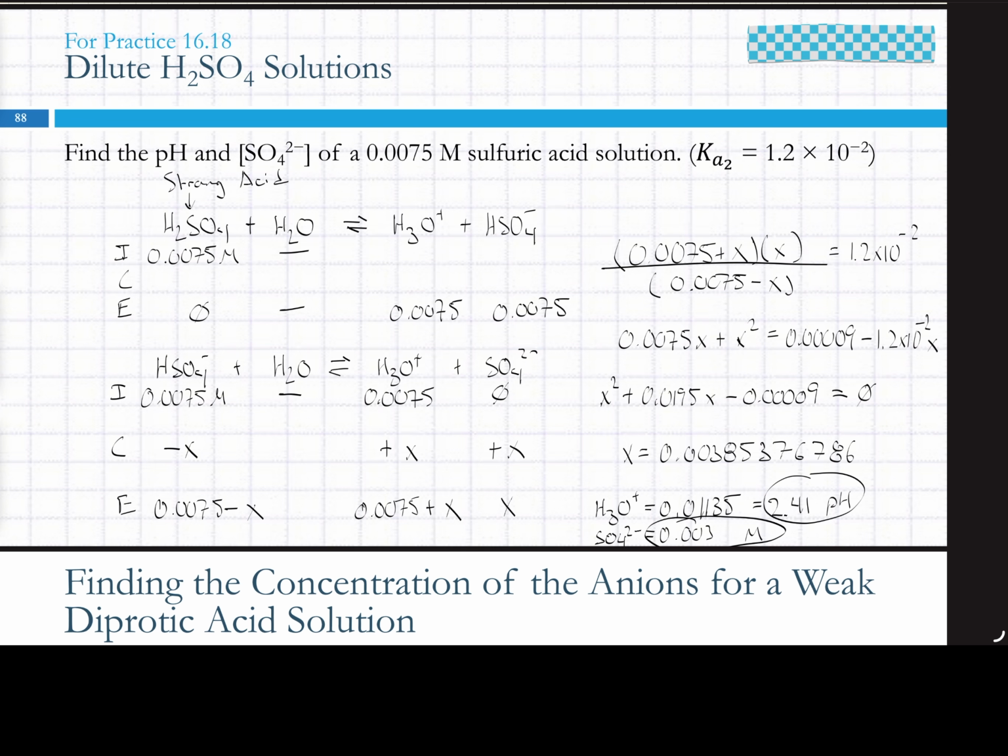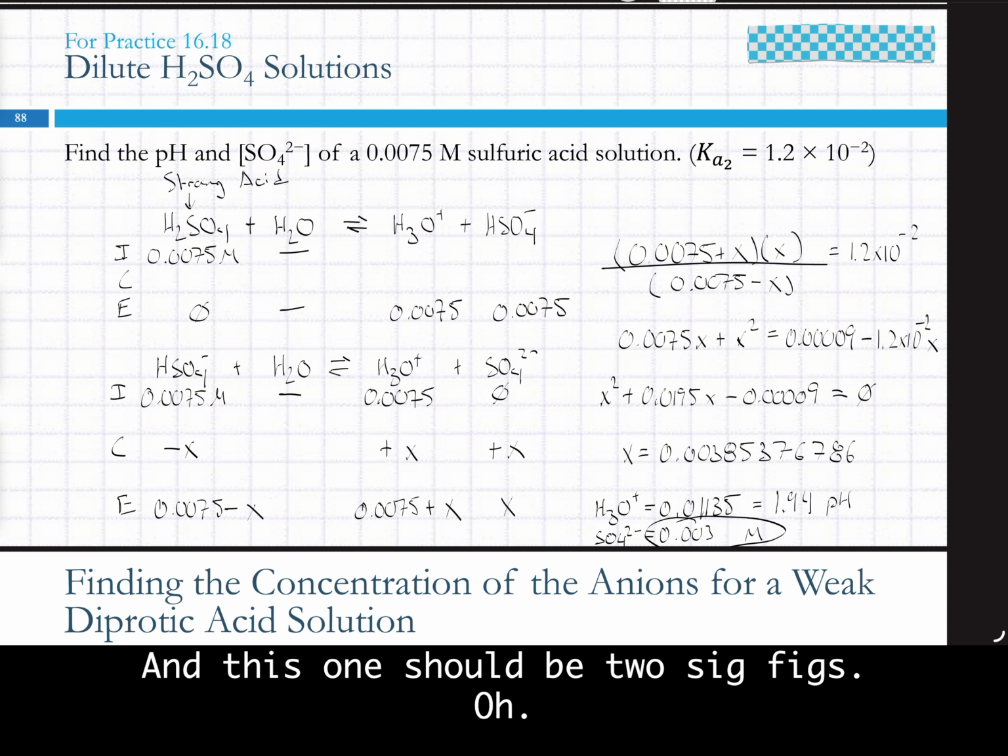Mm-hmm. 2.94. And this one should be 2 sig figs.